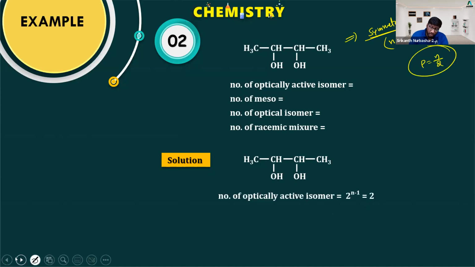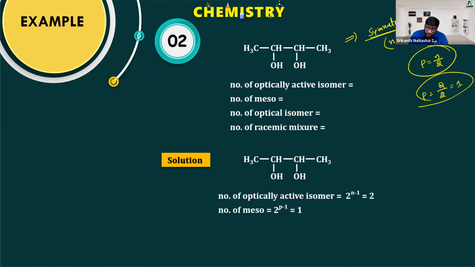So number of optically active isomers is 2 power n minus 1, that is 2 power 2 minus 1, that is 2. Number of meso compounds will be 2 power p minus 1. P is n by 2, so p is equal to 2 by 2, that is 1. So 2 power p minus 1 is 2 power 1 minus 1, that is 2 power 0, and anything power 0 is 1. Number of meso is 1. Number of optical isomers will be the number of optically active isomers plus the number of meso, that is 2 plus 1, that will be 3.